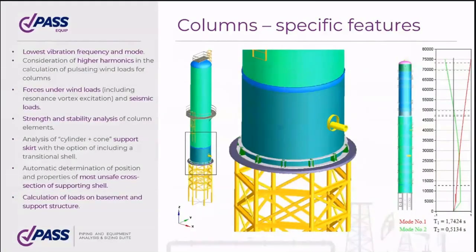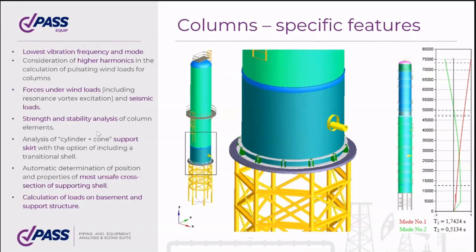Let's also look at some specific features for different types of equipment. For columns, we have calculation of vibration frequency, lowest vibration frequency mode, and also higher harmonics. And of course, we take into account forces and wind loads and seismic loads, and stress and stability of different elements.